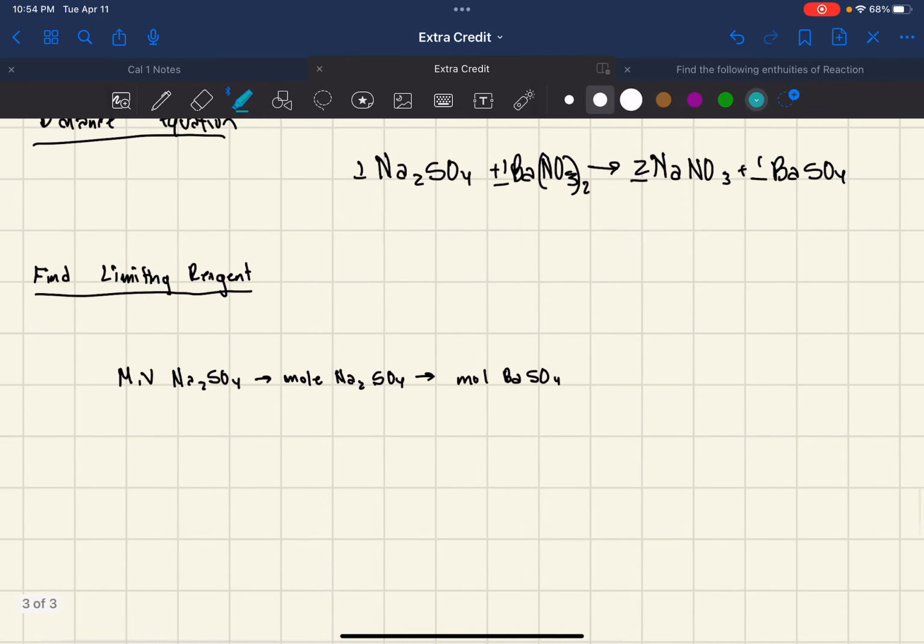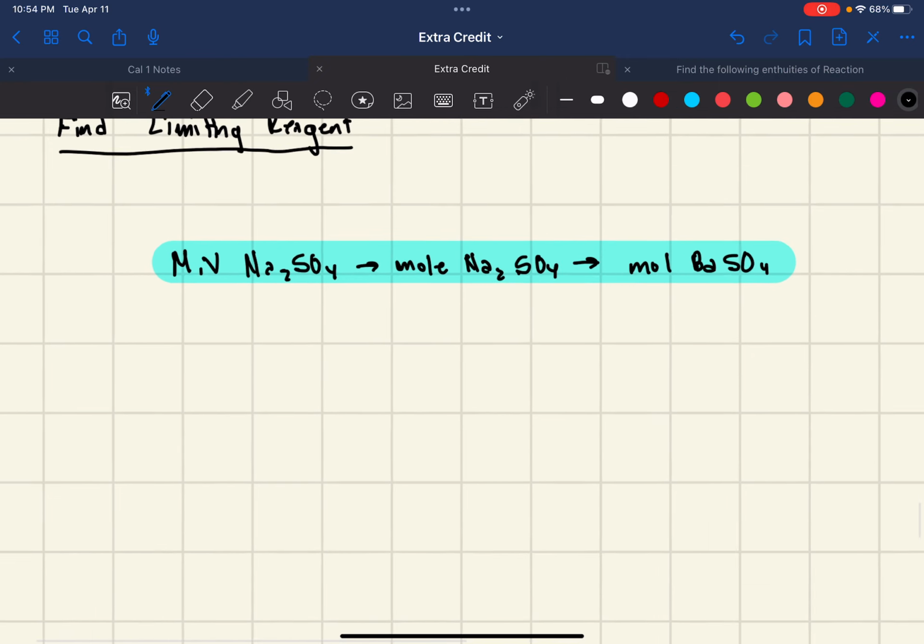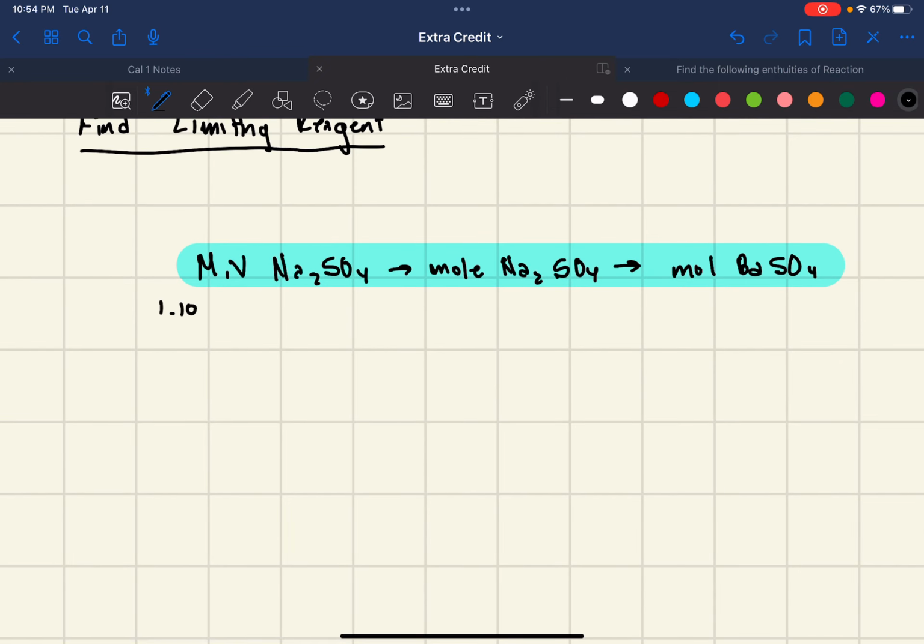So first we're going to do this equation. The given is 1.10 liters times 2.10 molar. That gives us a result of 2.31 moles Na2SO4, and this we're going to multiply by the mole ratio, which is 1 to 1.